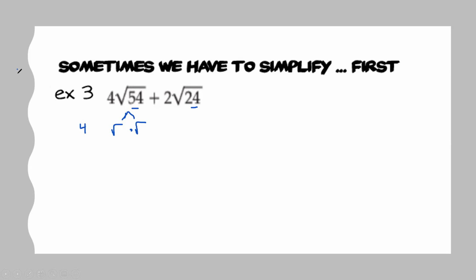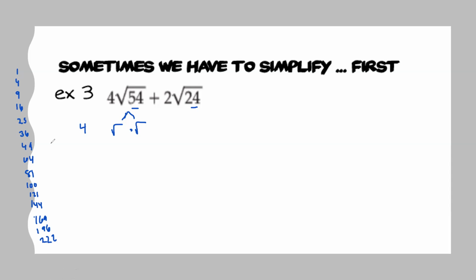As we know, our perfect squares are 1, 4, 9, 16, 25, 36, 49, 64, 81, 100, 121, 144, 169, 196, 225, and the list continues. And these are all based off of the perfect squares 1 through 15, which you should have a list to do.